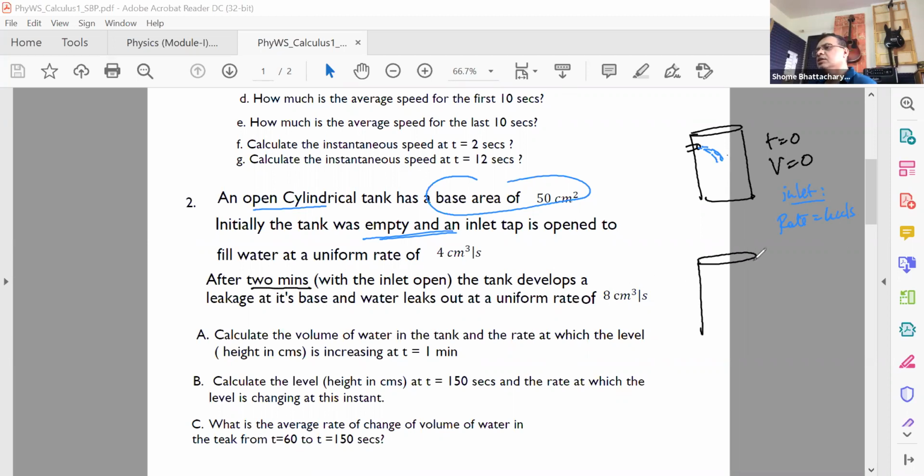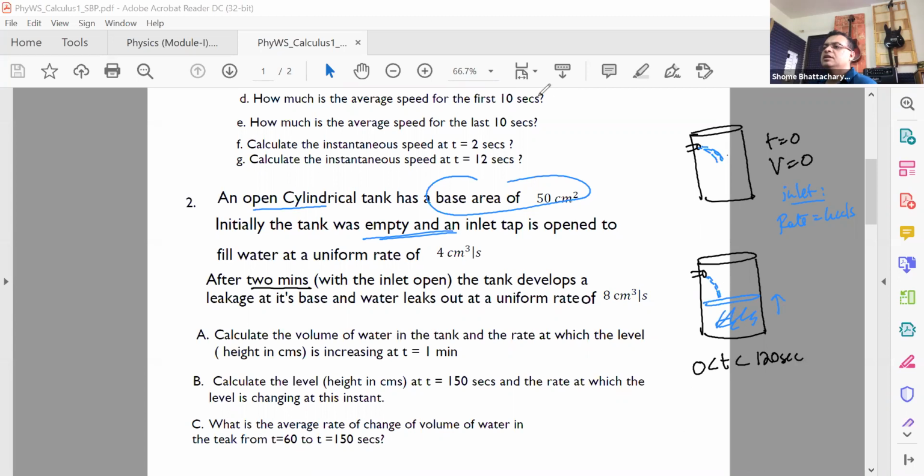before the leakage occurs. So for any time t greater than 0 but less than 2 minutes, the level of water will be rising because there is a certain rate at which water is entering, but there's no leakage.